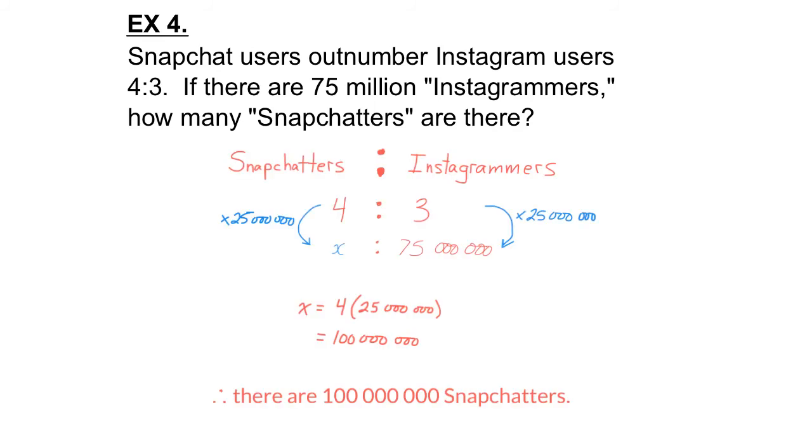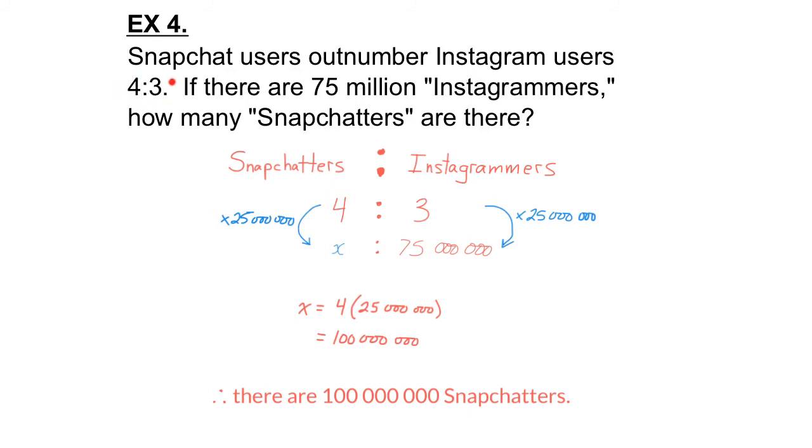Now, if you couldn't figure out how to solve this problem right now, that's fine. I'm going to show you in a minute how you can attack this problem in a different way, but I'm going to show you what the most common method is for grade 9 students at this point. We would set up a ratio, so the number of Snapchatters compared with the number of Instagrammers.